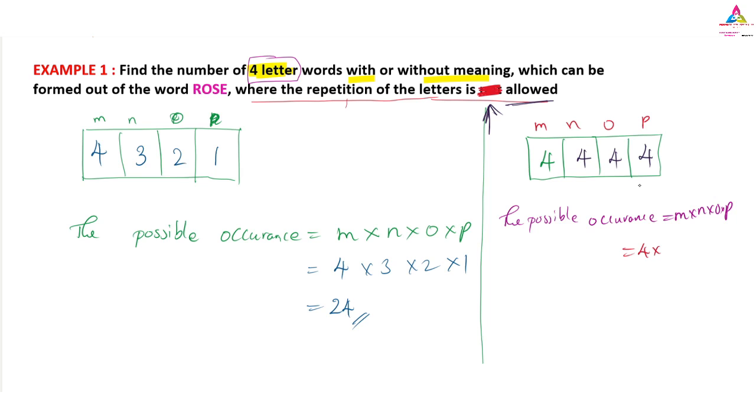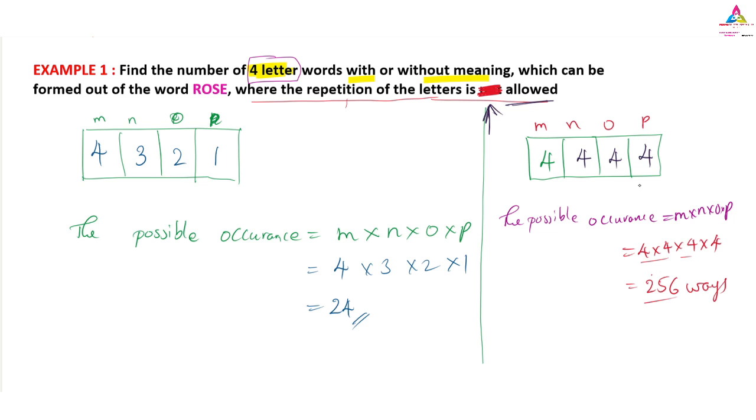So 4 times 4 times 4 times 4. 4 times 4 is 16, 16 times 4 is 64, 64 times 4 is 256 ways.